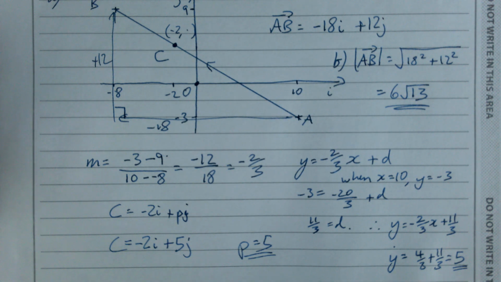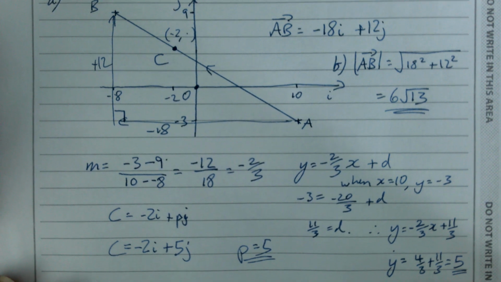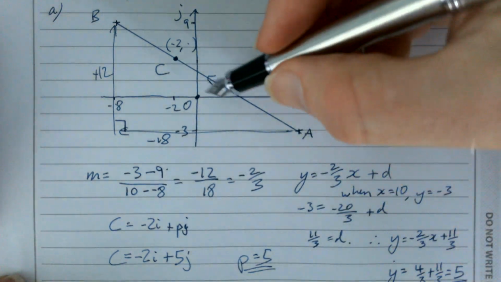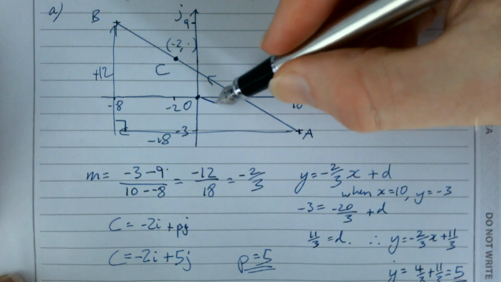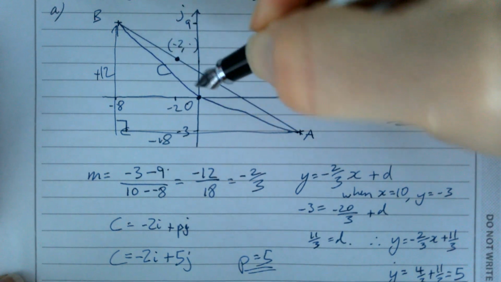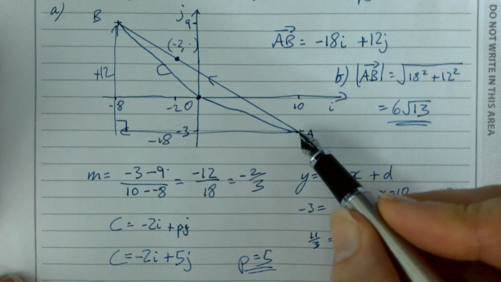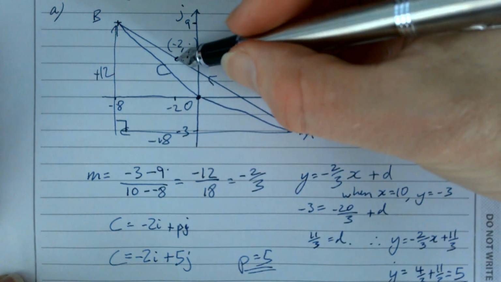Finally, it says state the ratio of the area of triangle AOC and triangle AOB. So let's go back to our sketch and put that triangle in. So there is AOC and that's AOB.